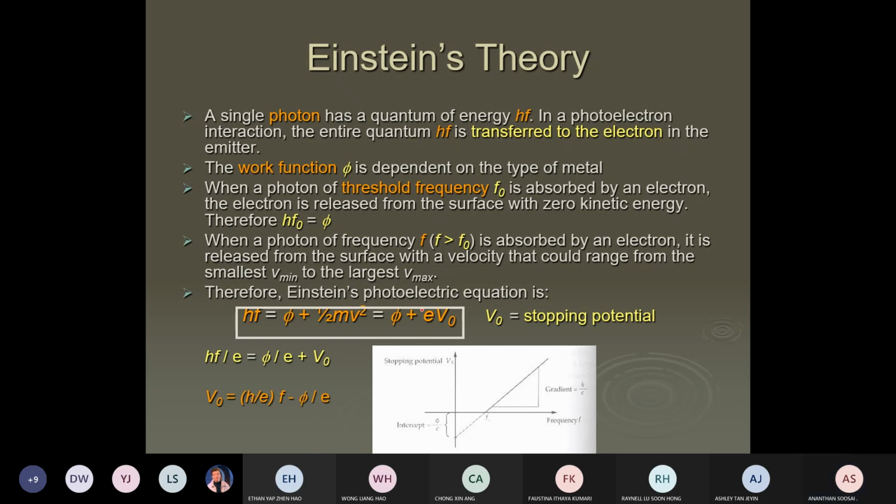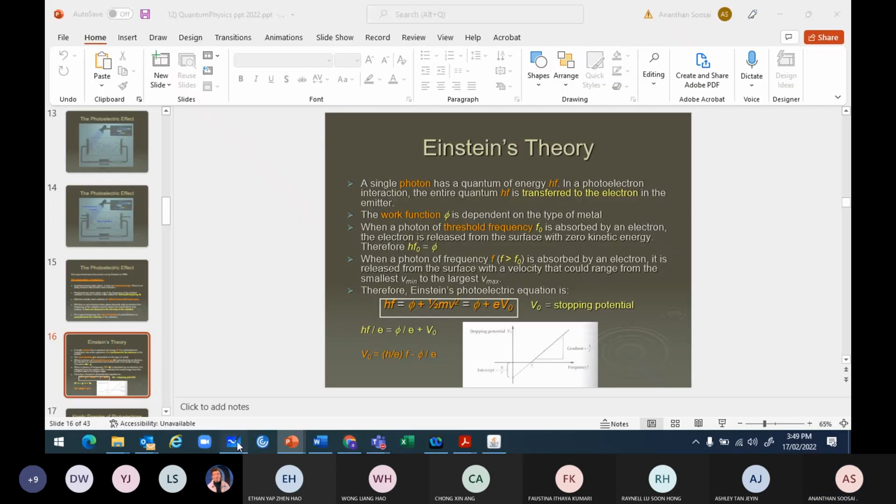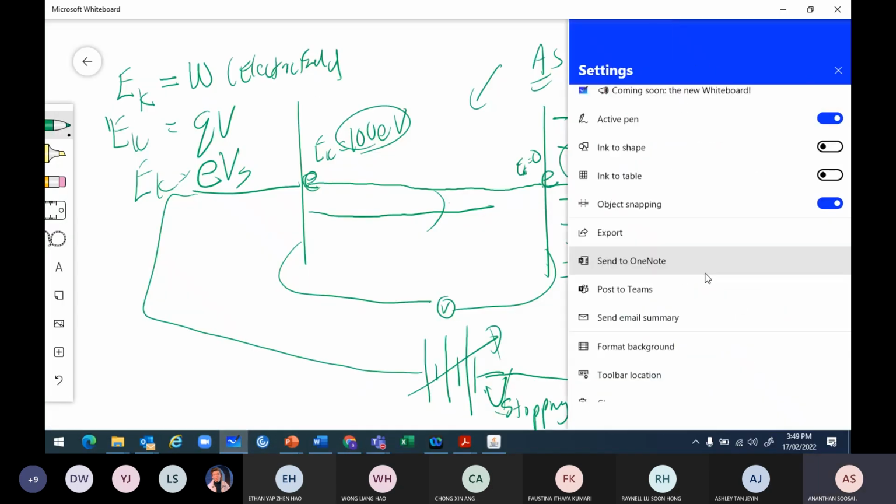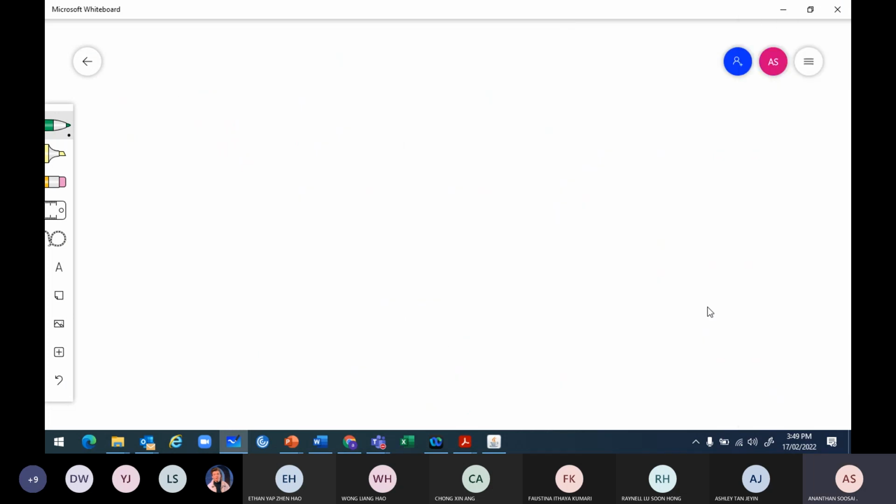Now the equation hf. Let me go to the whiteboard to explain. So hf equals work function plus kinetic energy. Einstein was stuck with the kinetic energy.